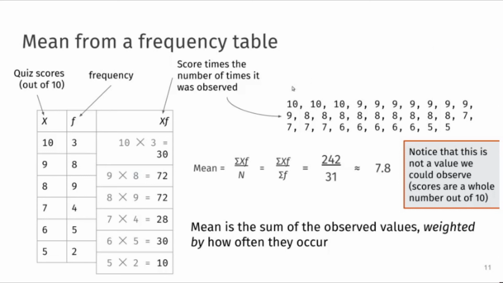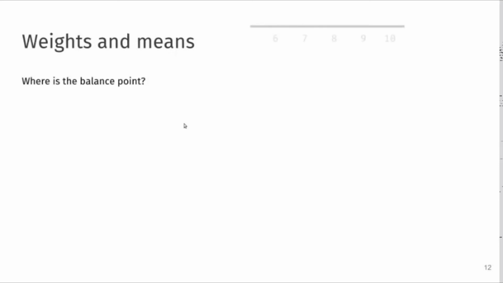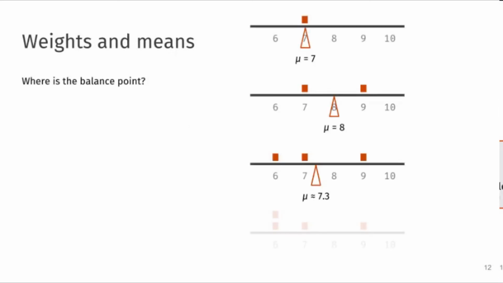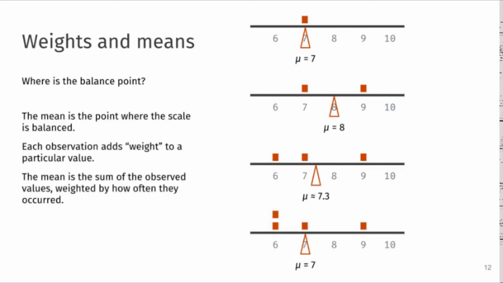When you're thinking about writing out what you might call a degenerate frequency table, a table where the frequency column was always equal to 1, it still works, because what you're doing is finding the balance point between the observations, and each observation is just adding weight to a different point on the scale.